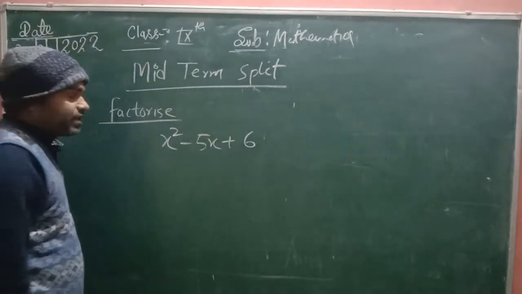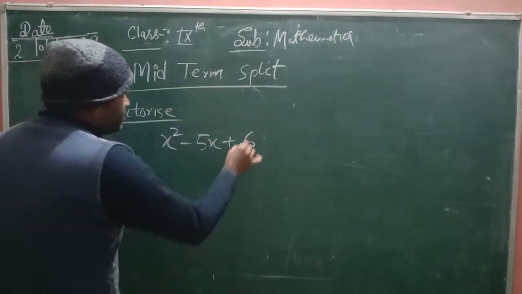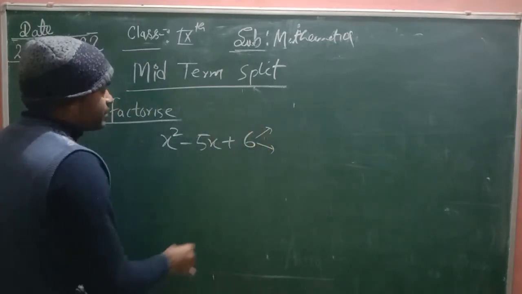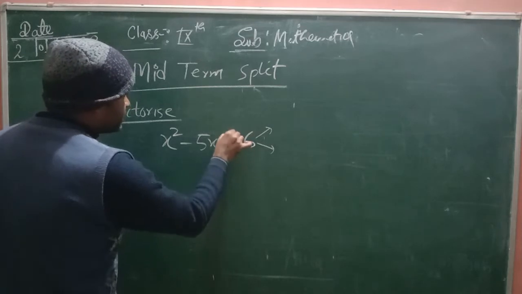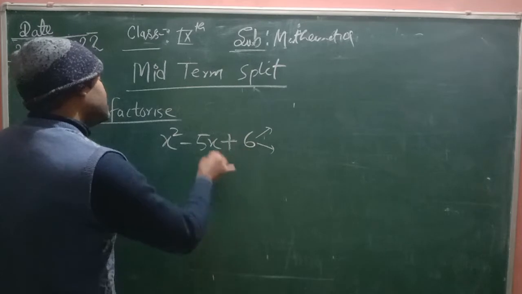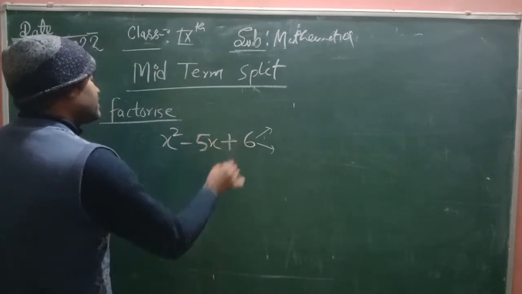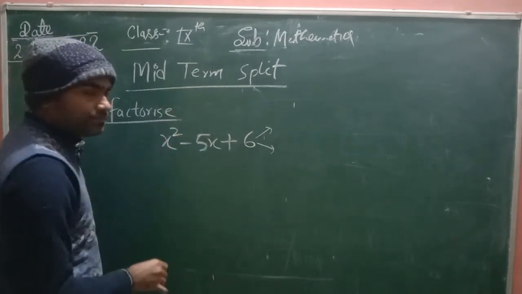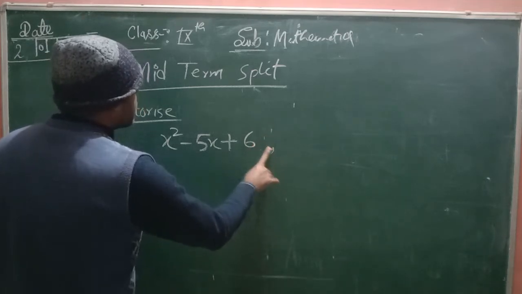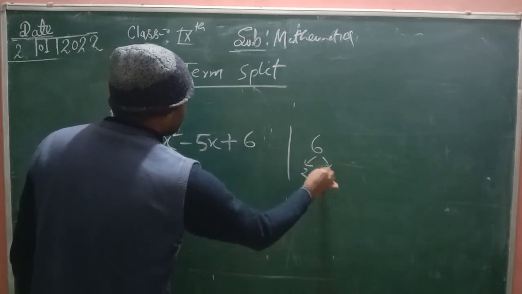In midterm split you have to split the constant term in the manner that according to this sign, if there is a positive sign the summation should be 5, if there is a minus sign the subtraction should be 5. So for this particular problem 6 has two factors, 2 and 3, their sum is 5.